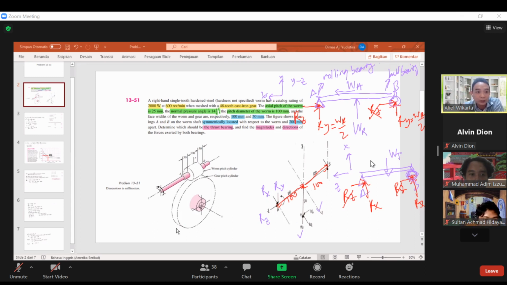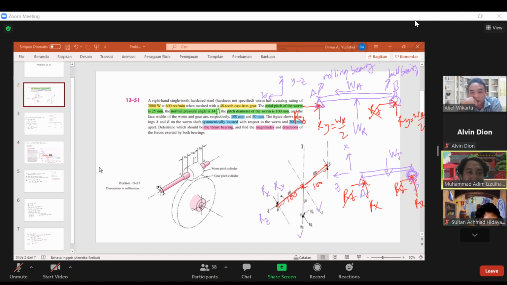Because of that, we need a bearing that can support a combination of axial and radial force. One of them is the rolling bearing. So a rolling bearing can support thrust force and also radial force. Okay, sir. Thank you very much.